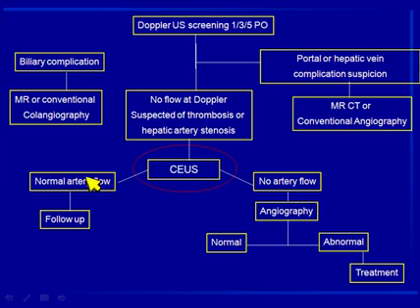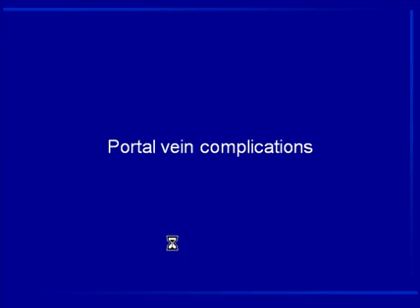If you find a normal arterial flow, we do the follow-up of these patients. If you can't identify the arterial flow, we can do the angiography or MRI angiography or CT angiography. If normal, this patient goes to the follow-up, and if abnormal, a treatment can be performed.